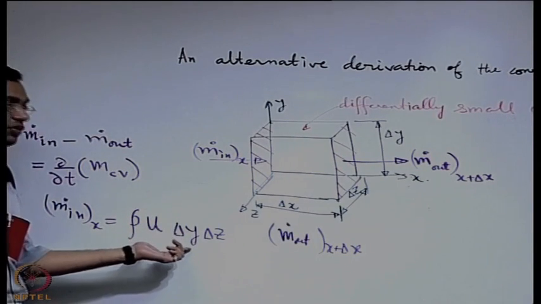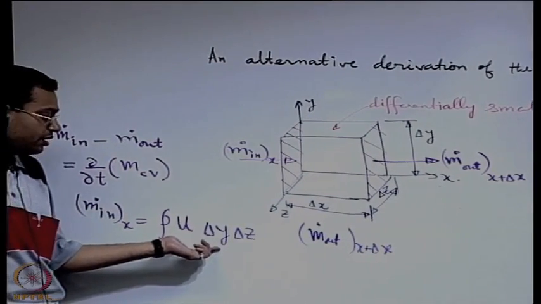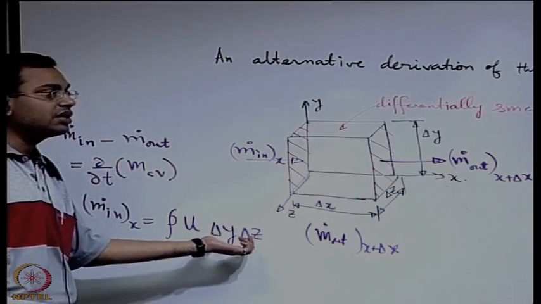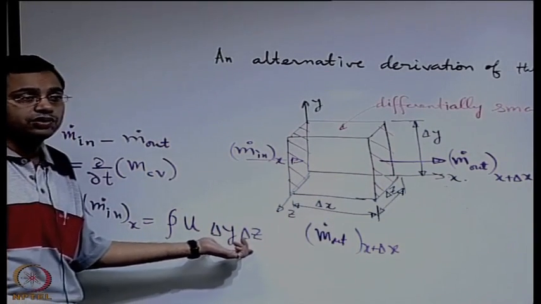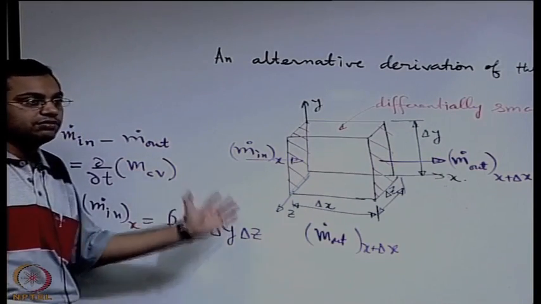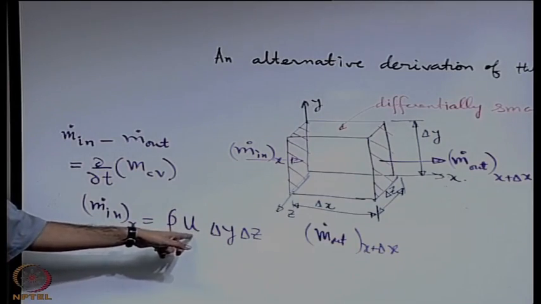You know the value of the function say at x, again you can use the Taylor series expansion. In the Taylor series expansion, when you expand it, you keep in mind that delta y into delta z is fixed. So what you can do, you can always take it out of the derivative and think about the expansion of rho into u.